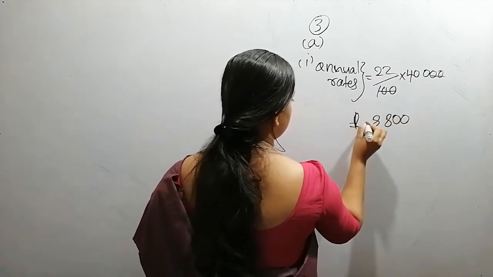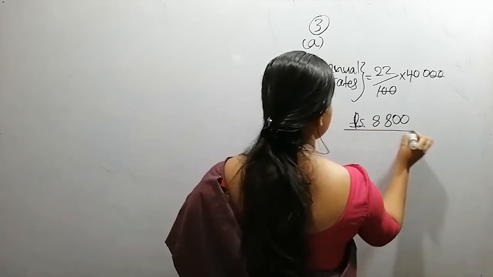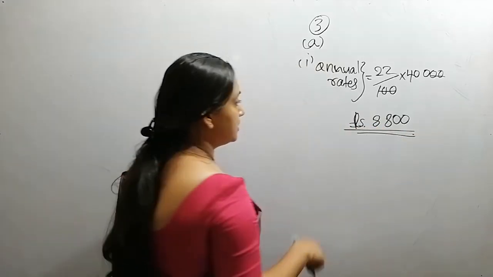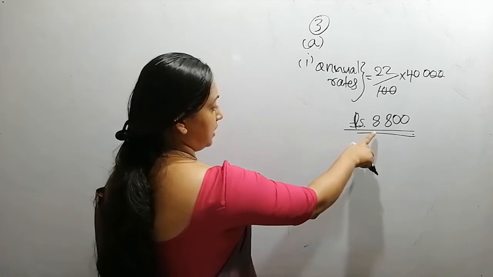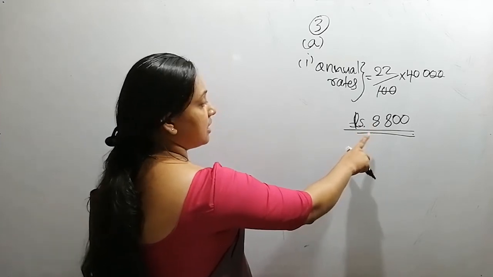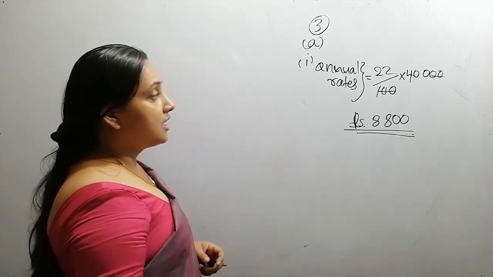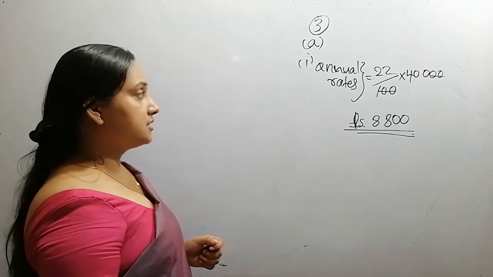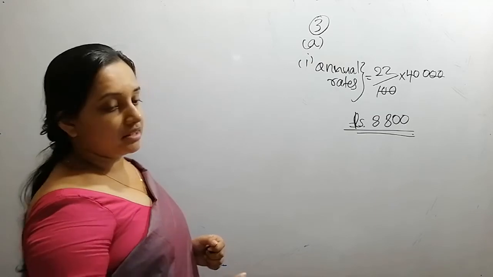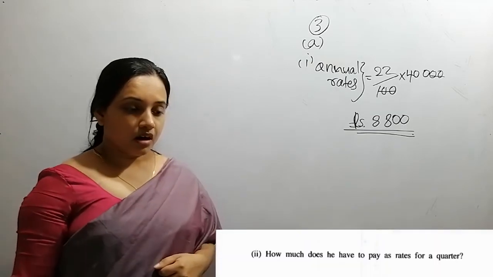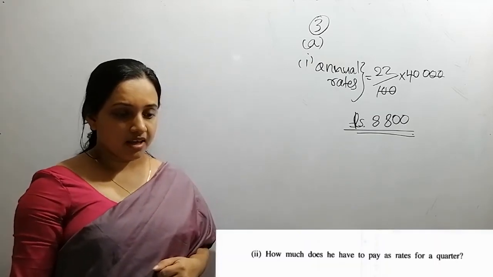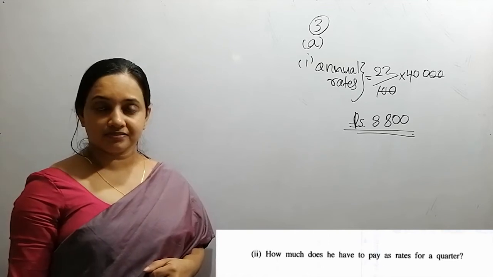Then the annual rates are 8,800 rupees. That means Kumar's business has to pay 8,800 rupees annually as the urban council charges.